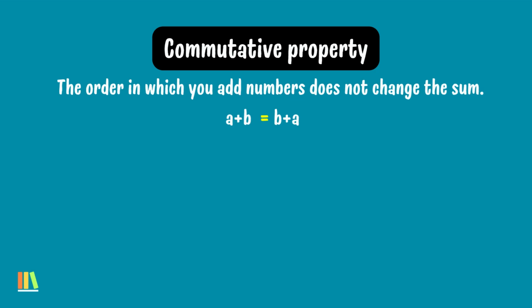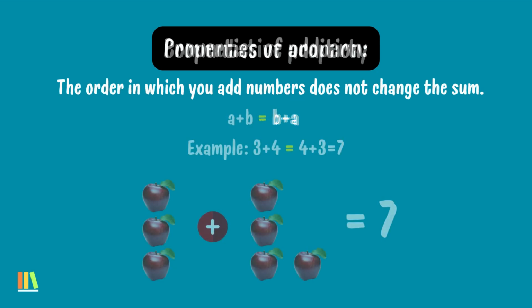Meaning A plus B totals the same as B plus A. Example, I have 3 apples and I bought 4 apples in addition. In total, I had a sum of 7 apples.